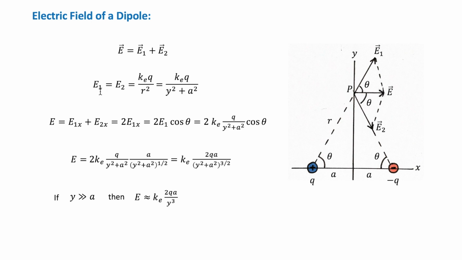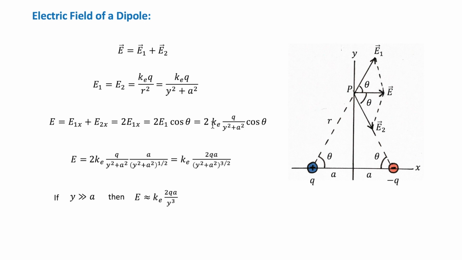So let's first see the magnitude of the vector E1. So the magnitude is just k_e q over r squared, which is k_e q over y squared plus a squared, okay? And the total is equal to E1x plus E2x, which is 2E1x, and E1x is equal to the magnitude of E1 times cosine theta.